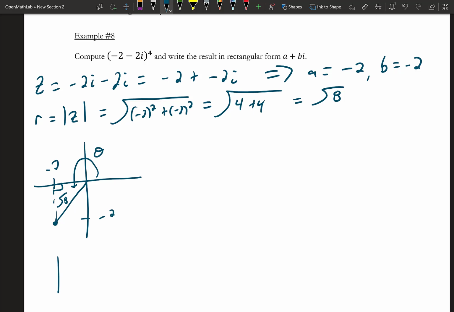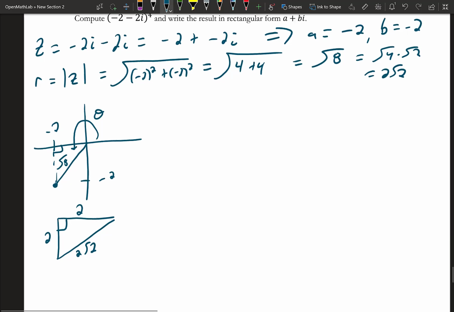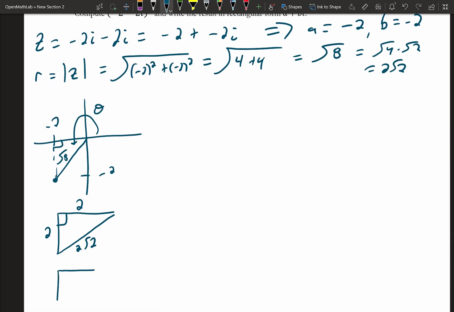If I pull this triangle apart, this would be 2, 2, and remember radical 8 is the same thing as radical 4 times radical 2, which is 2 radical 2. So if I divide everything by 2, that would give me 1, 1, radical 2. That should be familiar, right?